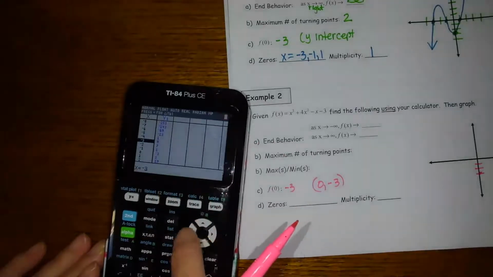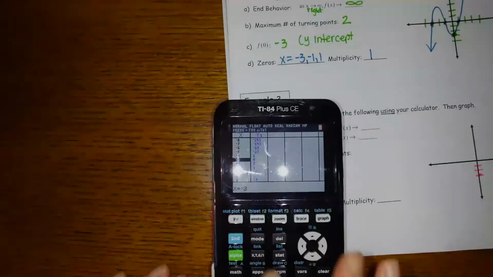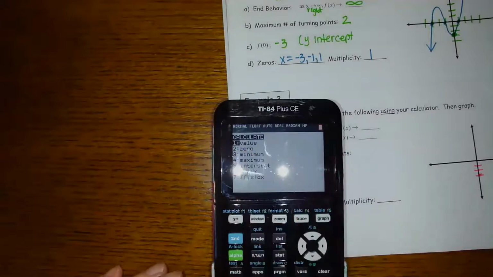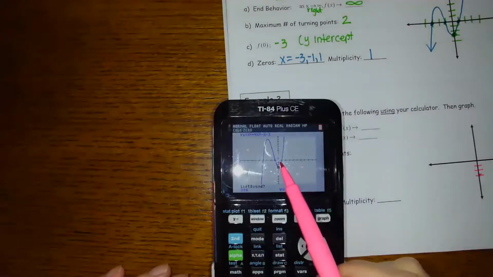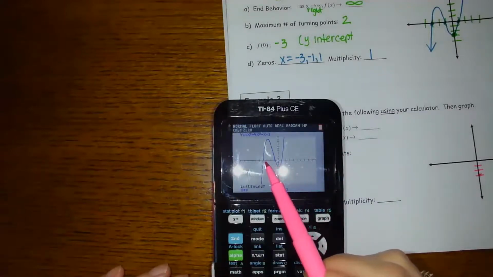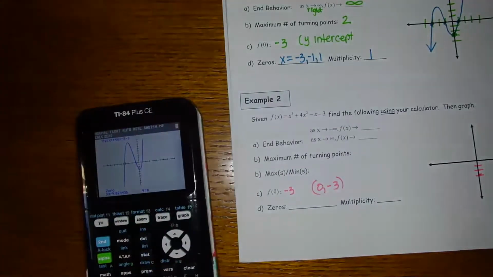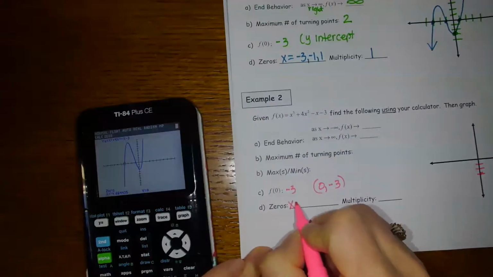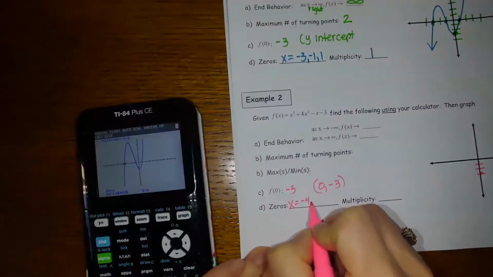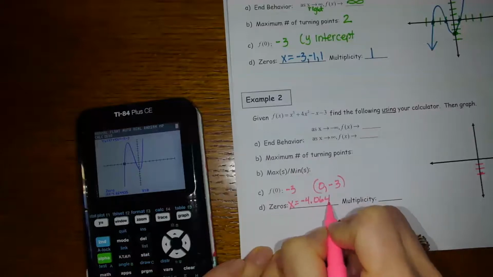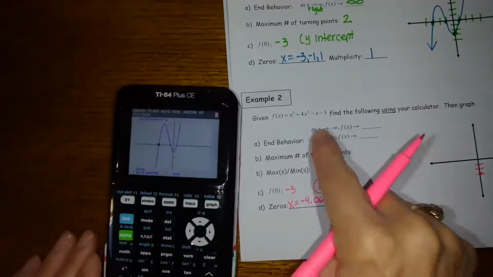That means they're all decimals. So how do we find those? Second calc, 0. Now, 1, 2, 3. I can see there's one between -5 and -3. So I'll type in -5 is on the left, -3 is on the right. And yes, I'd like to guess. So that is -4.064.